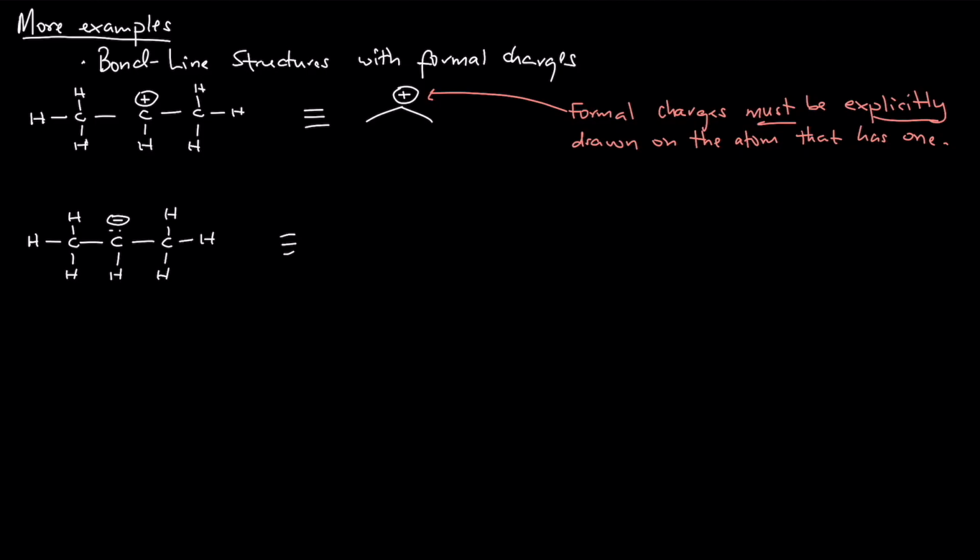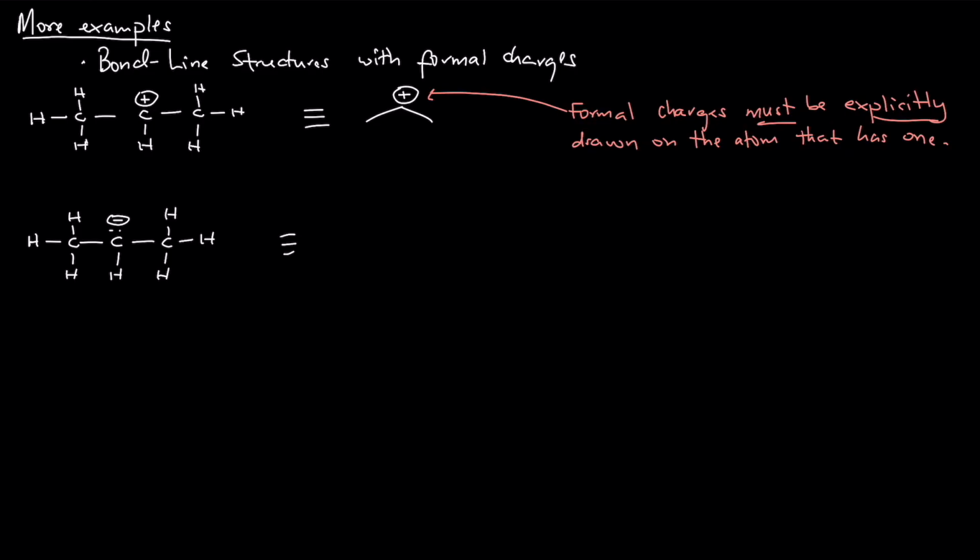So here's another example. This time, the carbon in the middle is bonded to three atoms, so two to carbon and one to a hydrogen. So there are three bonds around that carbon. However, it has a lone pair. So there's actually one more electron on that carbon than it should have, which means that it has a formal charge of -1.